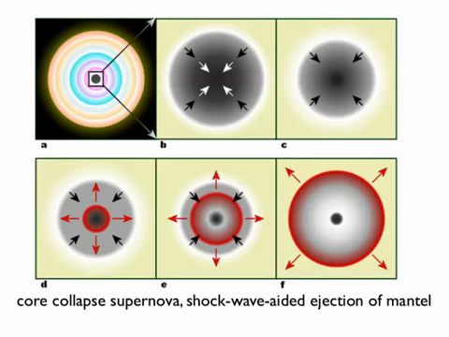It's just going to keep collapsing. Here's a picture of the onion layers of the star. The iron core starts to collapse. At first it was holding the rest of the star up, but then the iron core collapses, and at some point the rest of the star is going to realize there's nothing holding it up, and it's going to start to fall in as well.